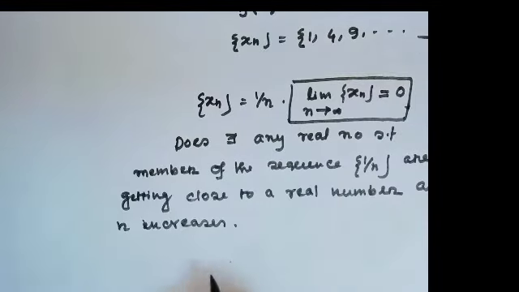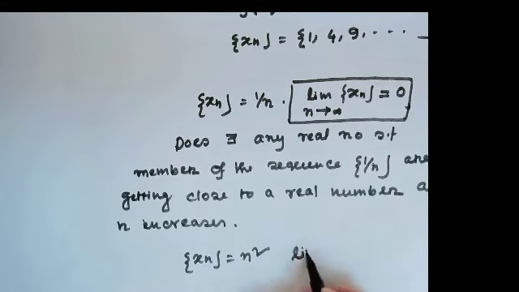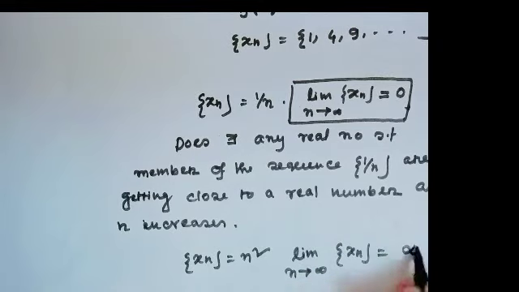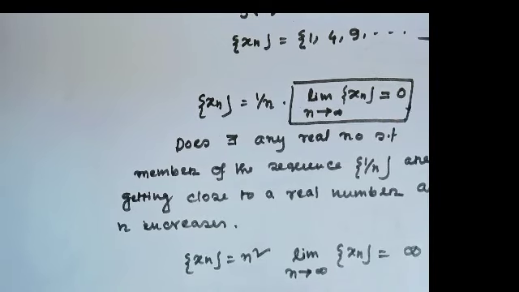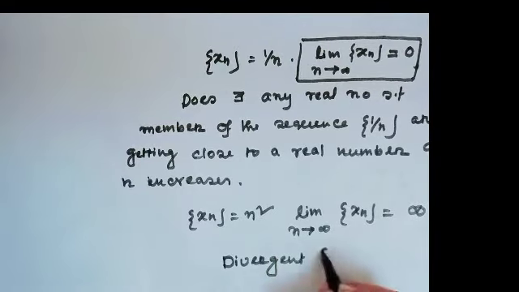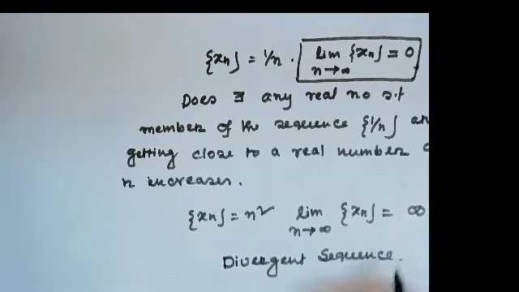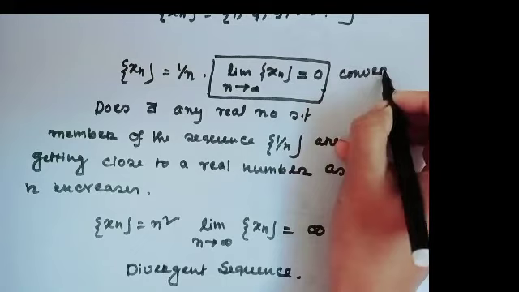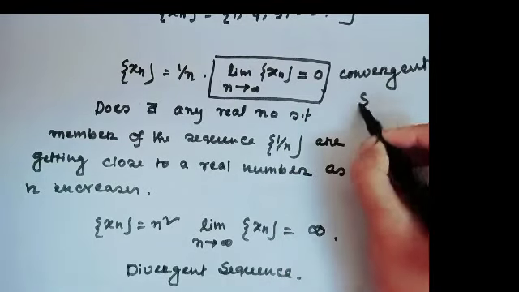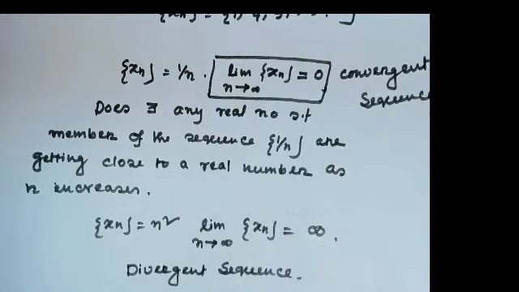And here x_n equal to n squared, and limit of x_n as n tends to infinity, here is infinity. And such a sequence is called a divergent sequence. Okay, and this is called a convergent sequence.